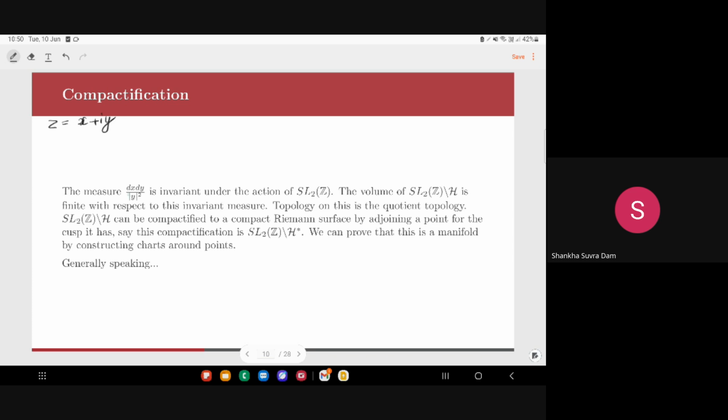So I'm saying that if we say gz is equal to x prime plus iy prime, then this would be the same as this. This is all I mean by saying that the measure is invariant under the action of SL2Z, where g is in SL2Z.